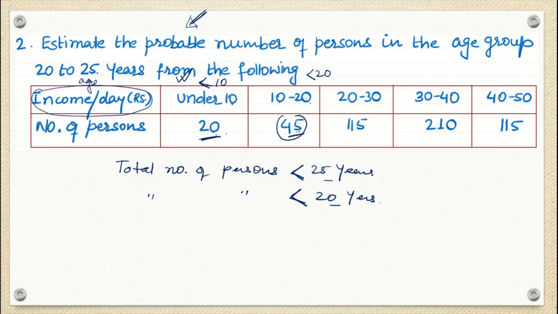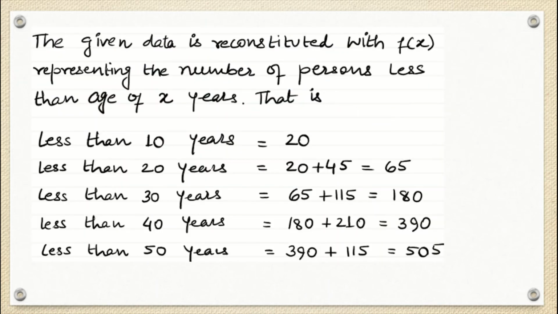If they are less than 10, 9, 8, that is also less than 20. So less than 20 is nothing but these 20 plus this 45. That means these many persons are less than 20 years. And the same way we will be writing. This is called a cumulative frequency table. So we write here, less than 10 years, the total is 20, less than 20 years, we add 20 and 45, and similarly we keep on adding these things in the entries. Okay, so we got here.